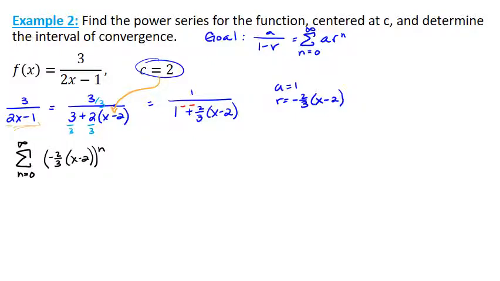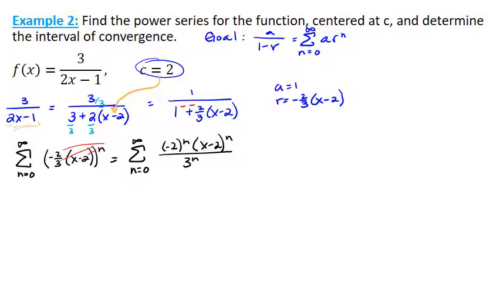Okay, so now we're just going to clean this up a little bit. What I'm going to do is distribute this power of n to everything. So that n goes everywhere, and I get this: negative 2 to the power of n times the quantity x minus 2 to the power of n, all over 3 to the power of n.